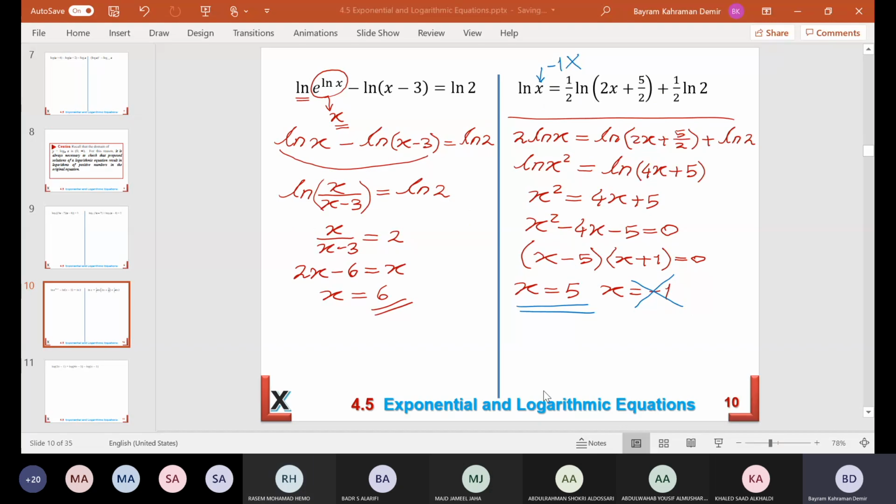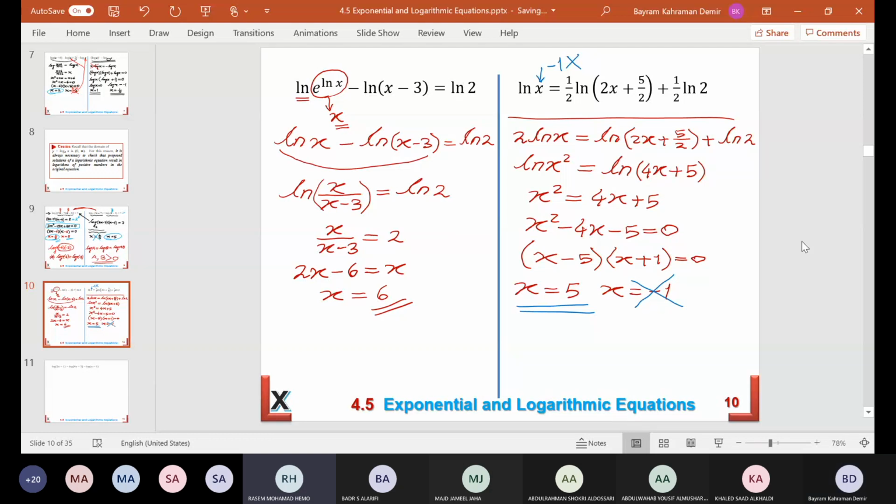Doctor, before you leave the slide, I have a question, please. Yes, go ahead. Where you put the circle, e to the power ln x. If I put the circle on the ln and e and said ln cancels with e, I will have only ln x. Is it correct also like this?